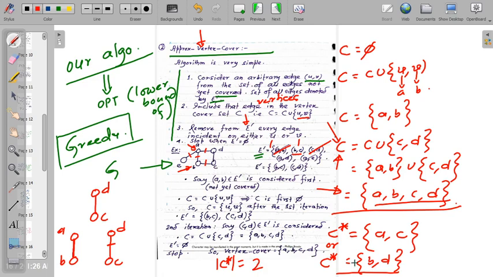Only AC is optimal. Very good. BD means this edge I am covering, this edge I am covering, and with D I can cover this and this, and I cannot cover this. Very good. Who is telling? Sir, Soham Dev. Very good. So C star, this is the optimal vertex cover.